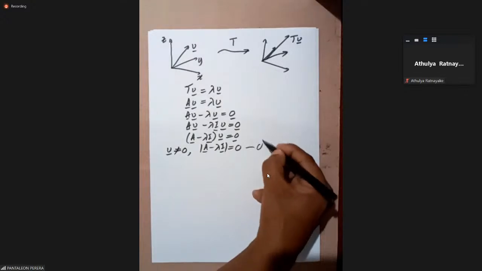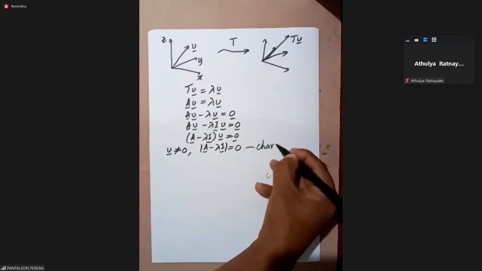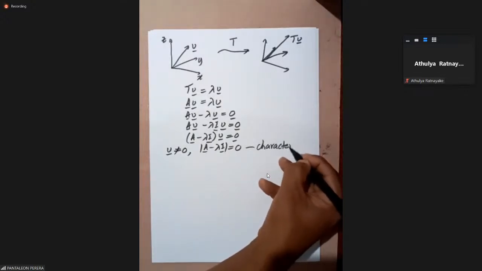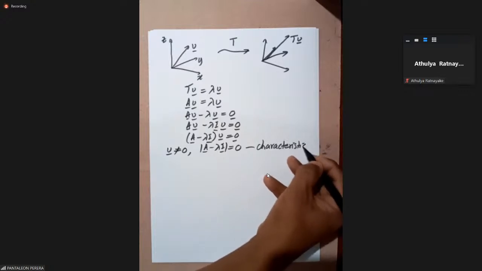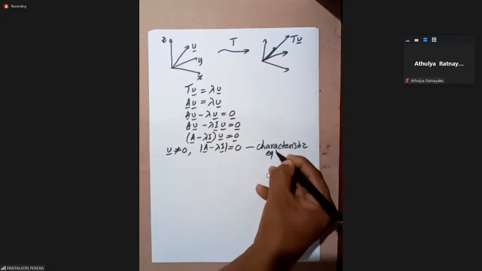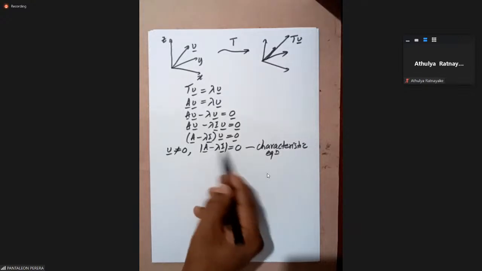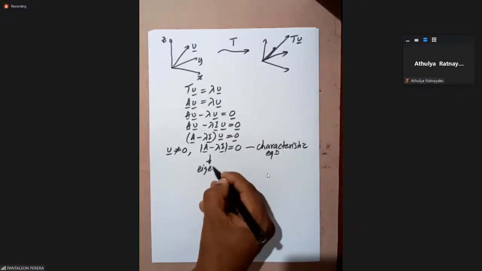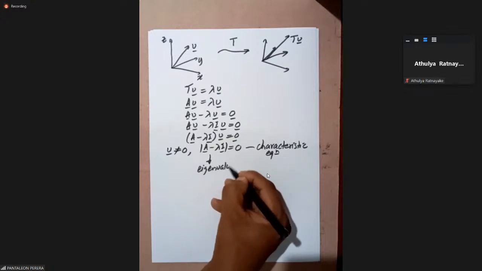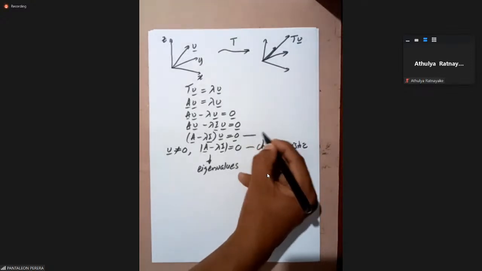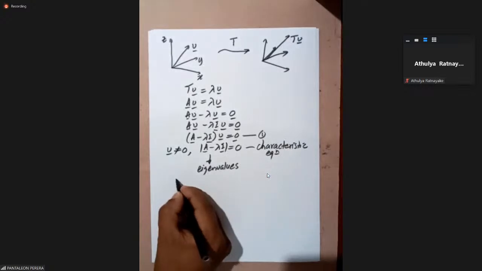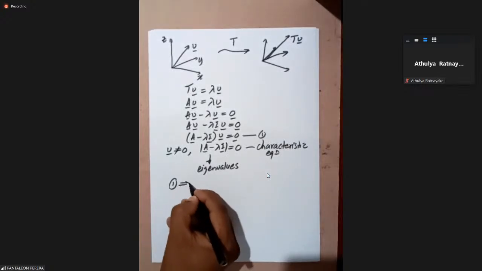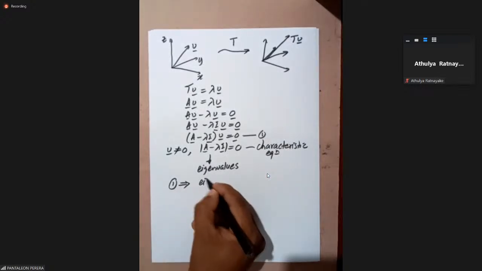This is called the characteristic equation. Now from this, you can find the eigenvalues. I take this as equation 1. Then from 1, you can find the eigenvectors.